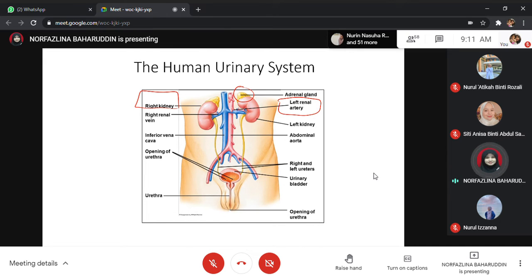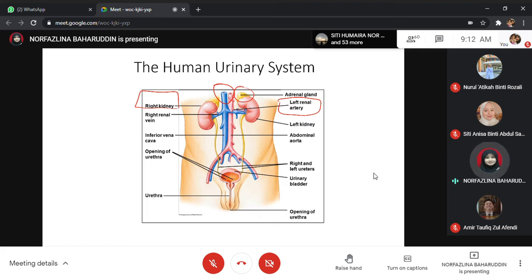You akan observe where is adrenal gland, dekat mana ovary. You akan nampak ovary kalau tikus tu betina. And then you boleh nampak dia punya renal artery. Okay, and renal vein you boleh nampak, and you boleh tengok semualah. So sayang sikit lah your batch, tapi tak apalah, you tengok je lah dekat sini kan.